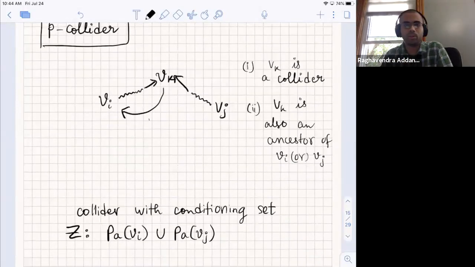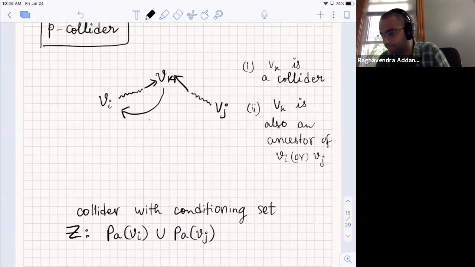Now we'll come to the notion of a p-collider. A p-collider is a collider such that Vk is also an ancestor of either Vi or Vj, as we saw earlier. So there's a path between Vi and Vj, Vk has two arrows into it, and Vk has a directed path to Vi.